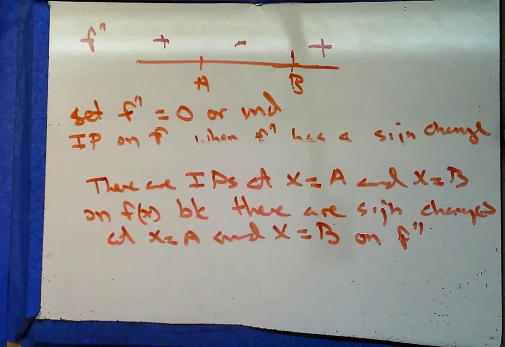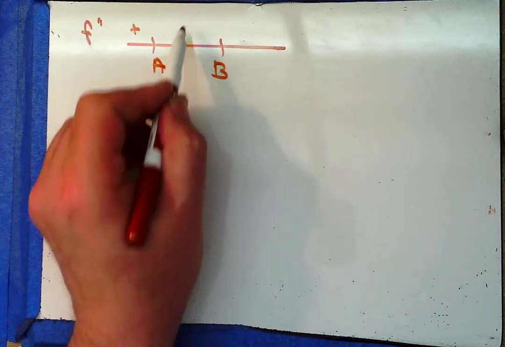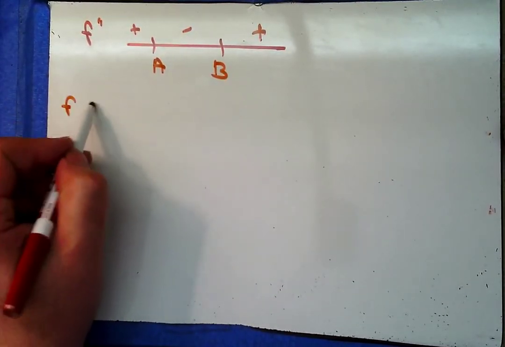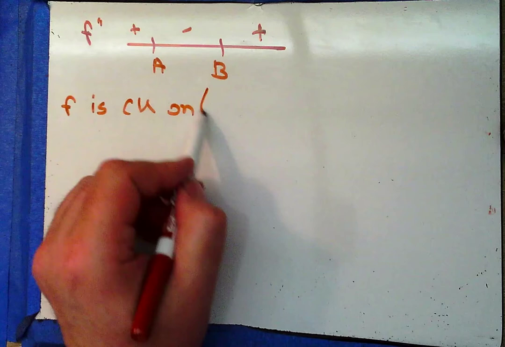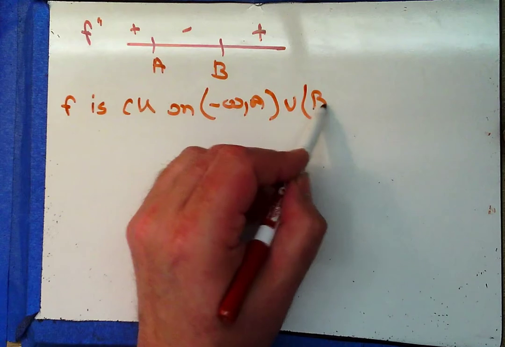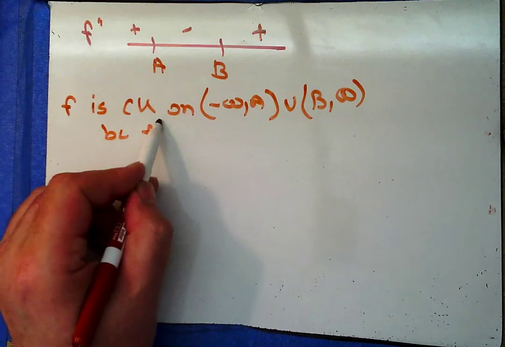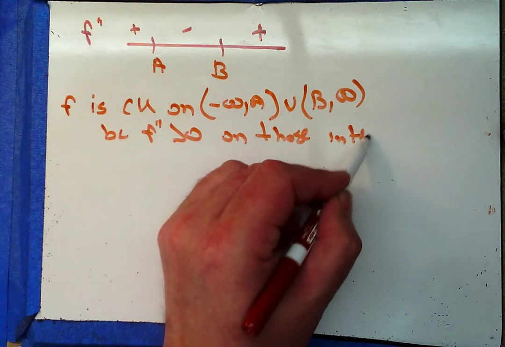Okay, so that's what I get from my second derivative test, but wait, I get more, because if I had this f double prime sign chart with a plus, A, B, minus, plus, I could say that f is concave up on negative infinity to A, union B to infinity, because f double prime is greater than 0 on those intervals.